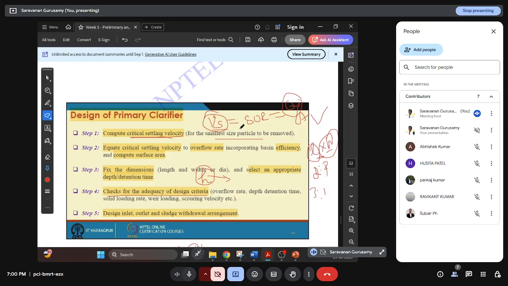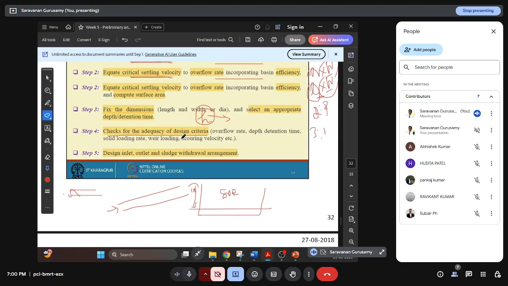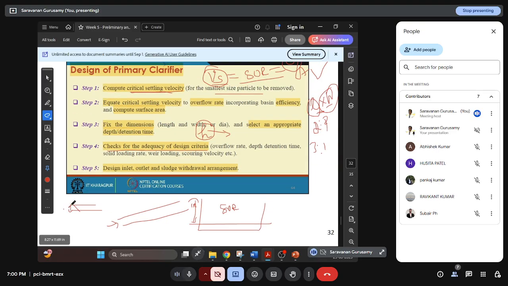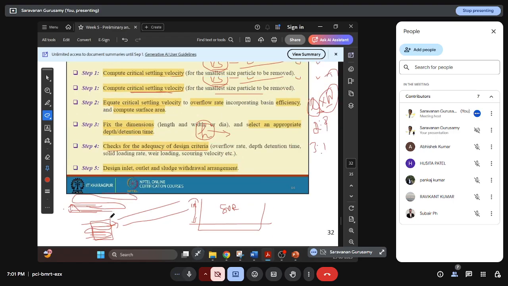See the formula, it's not even based on the height. So height is not a factor in the sedimentation tank. Nowadays people are designing tanks of 1 centimeter height, called tube settlers. You can use tube settlers in a given area with a larger flow. Depth will be very small.